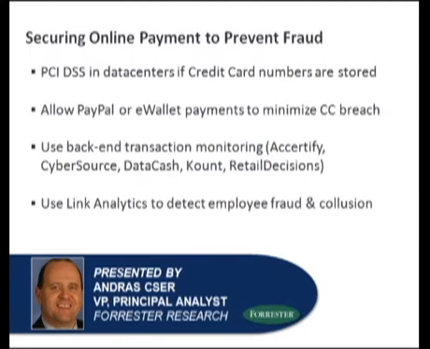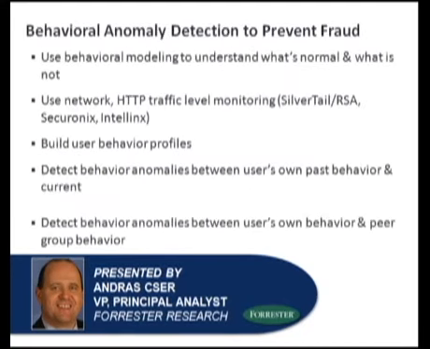Or Alice and Bob share the same email address, or the same mailing address, or billing address. These are all signs that there's some collusion or some kind of fraud ring going on. There is software that can detect this, and it can also visually represent these fraud rings. So that's a very important thing there.